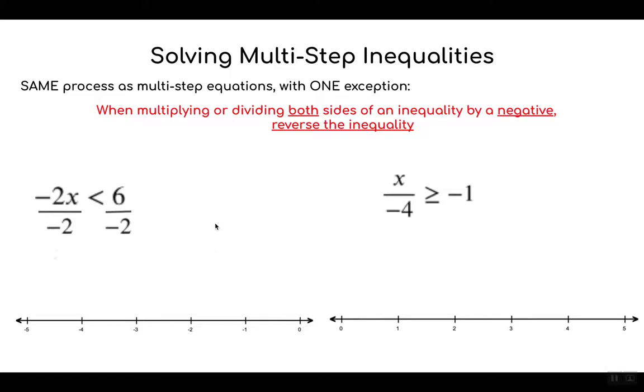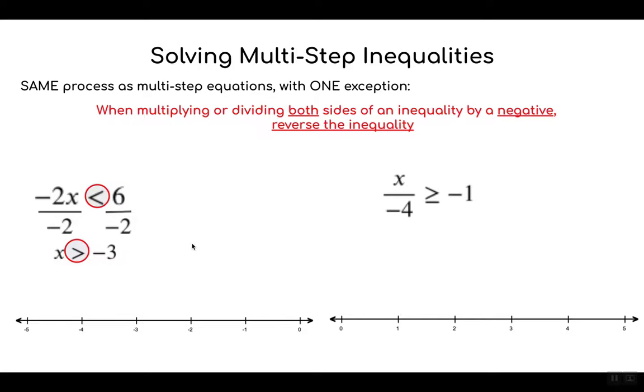So where we had a less than here, we get the answer x is greater than negative 3. Our original inequality symbol was a less than sign. Since we divided both sides by a negative number, we reverse that to a greater than symbol.